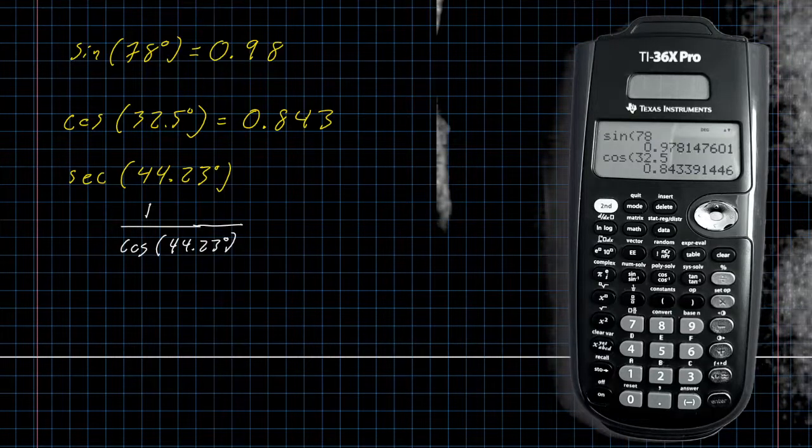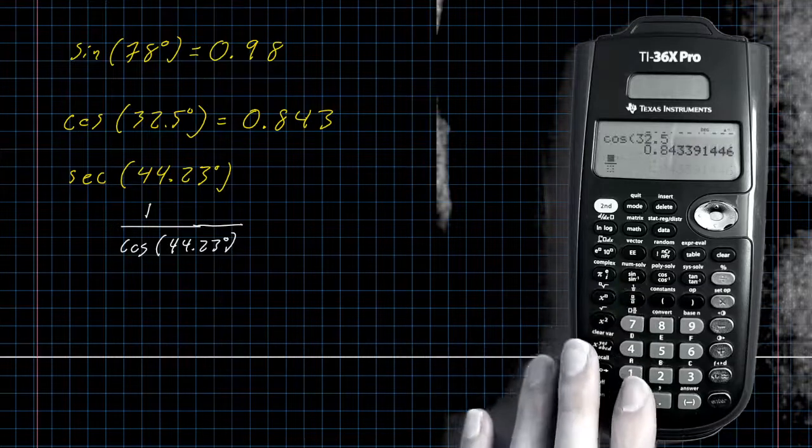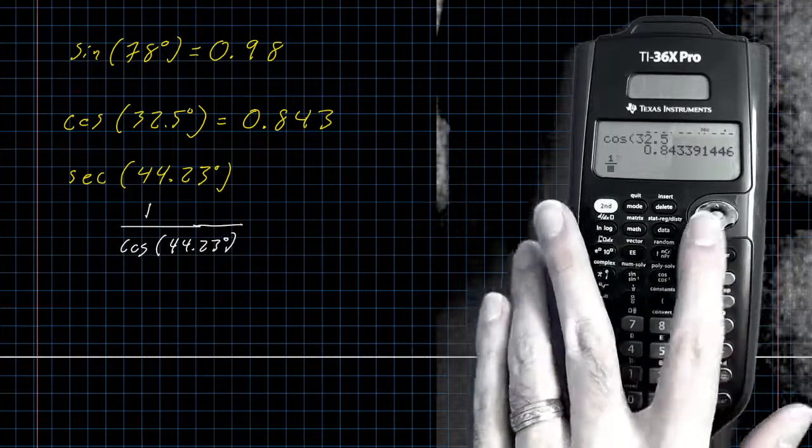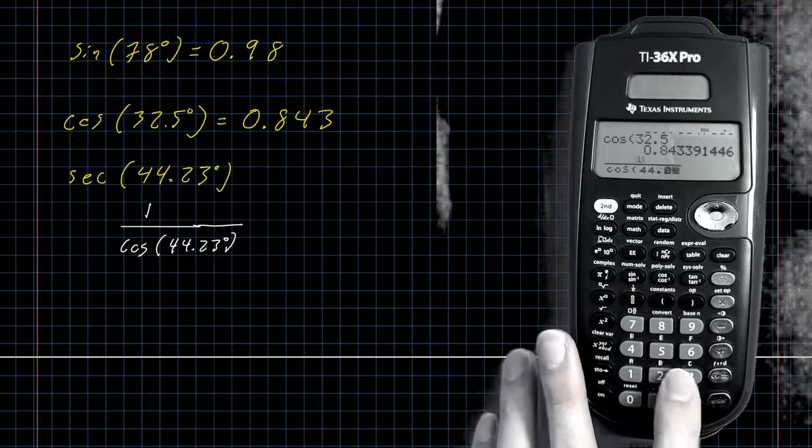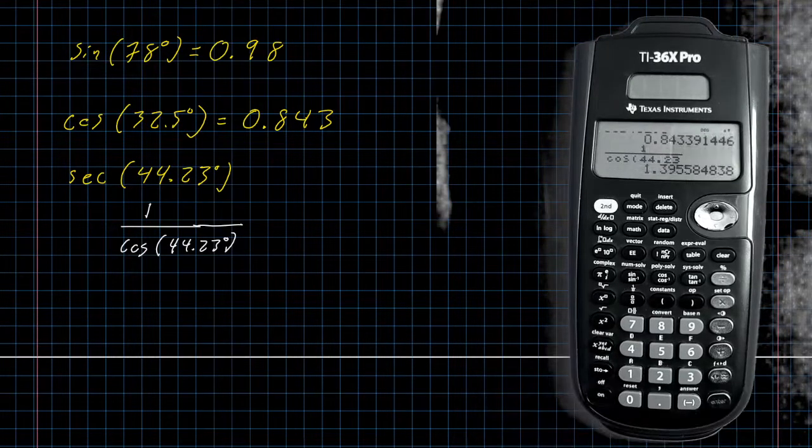And that's how we can put it into our calculator. That's why the calculator doesn't need a separate secant button. We're going to hit a fraction. We're going to hit 1 in the numerator, and in the denominator, I'll punch in cosine of 44.23, which my calculator tells me is 1.39558. I'll round that and call it 1.396.